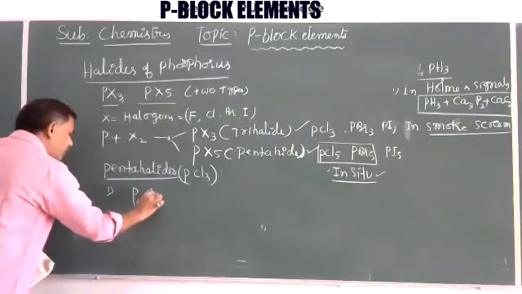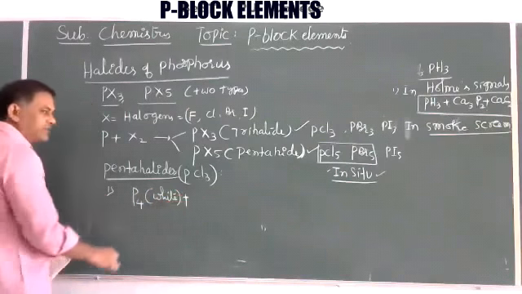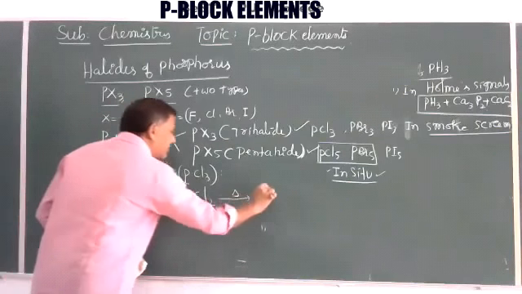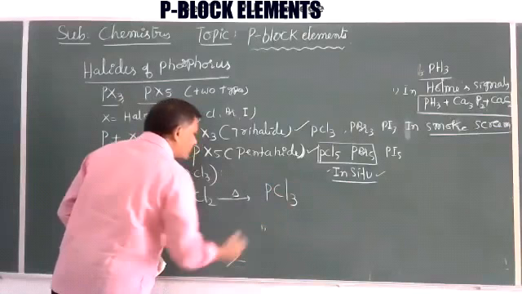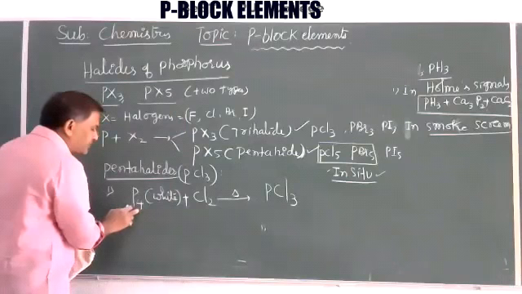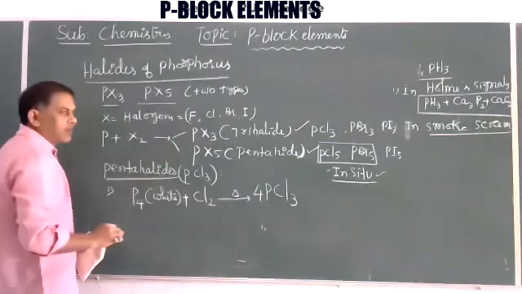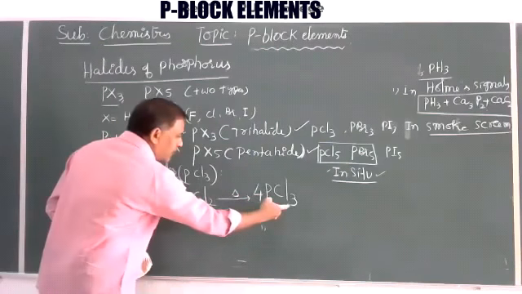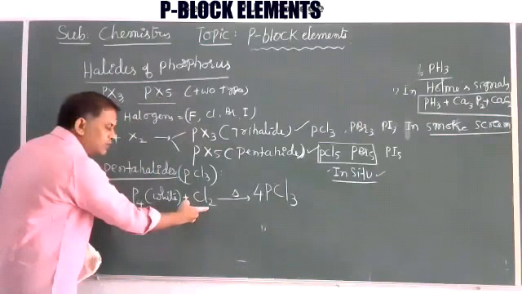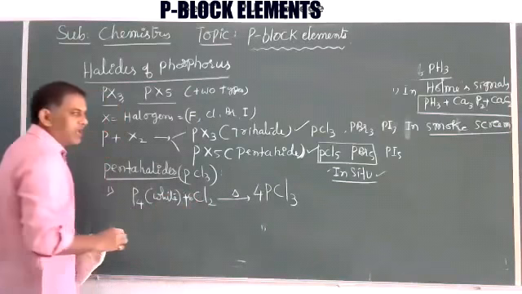Directly, P4, that is white phosphorus, which is more reactive than red phosphorus, reacts with chlorine on heating to give PCl3, phosphorus trichloride. Now here 4 phosphorus are there, so better you take 4 moles. Now how many chlorines are there here? 12 are there. Here how many are there? Only 2. That's why we want 6 here, so that 12 is balanced.